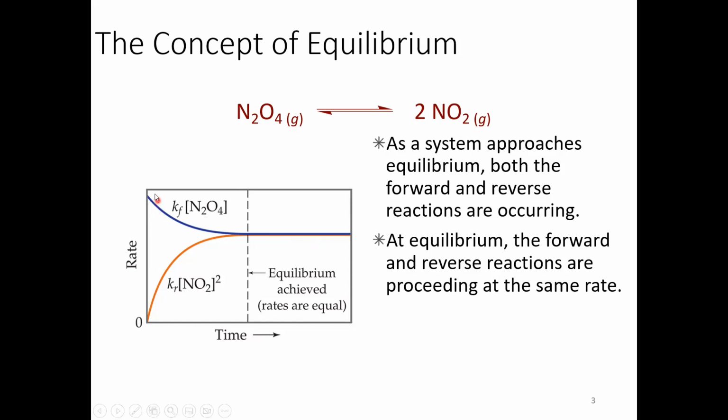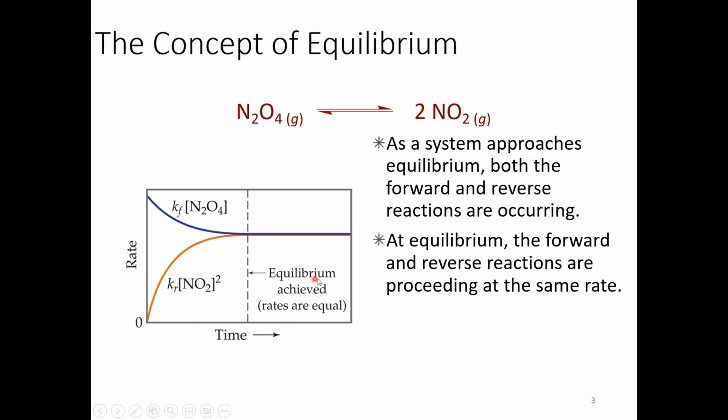So if you look at the graph here, just like the last chapter, little k is referring to the rate of these reactions. F is looking at the forward reaction, R the reverse.